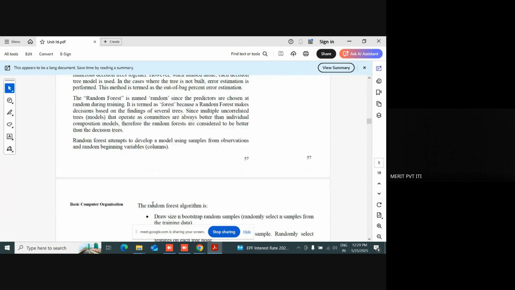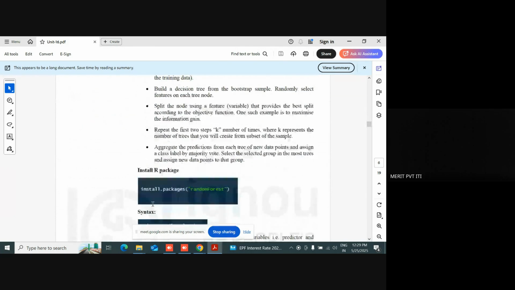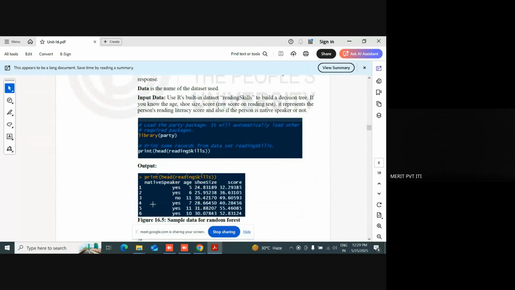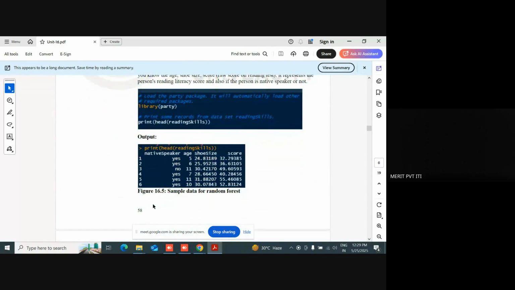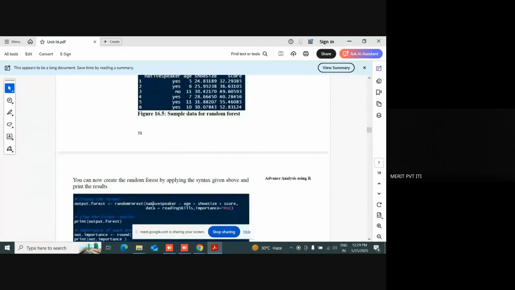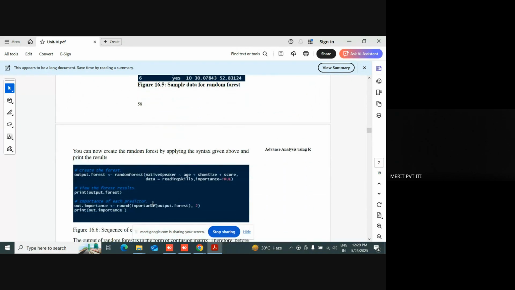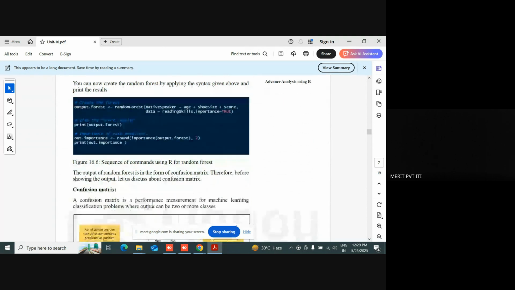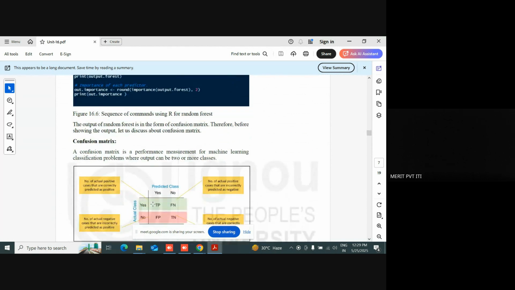So this is what is given in the software. This is the software output. You get sample data for random forest. This is the sequence of commands using R for random forest. Confusion matrix.